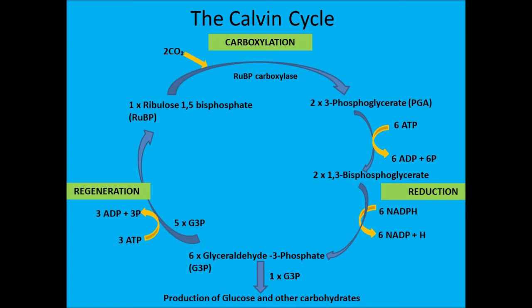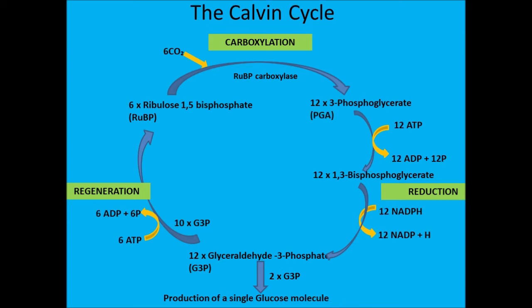9 ATPs are used during the process, of which 3 ATPs are used during the regeneration step to produce ribulose bisphosphate. The cycles required for the production of a single glucose molecule are actually several. 2 glyceraldehyde 3-phosphate molecules are required to make a single 6-carbon glucose molecule.